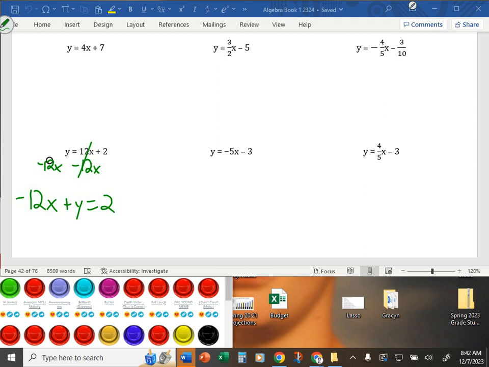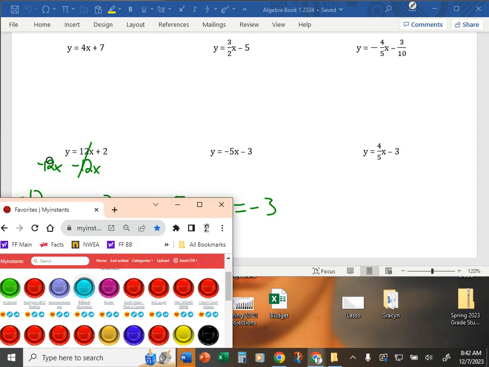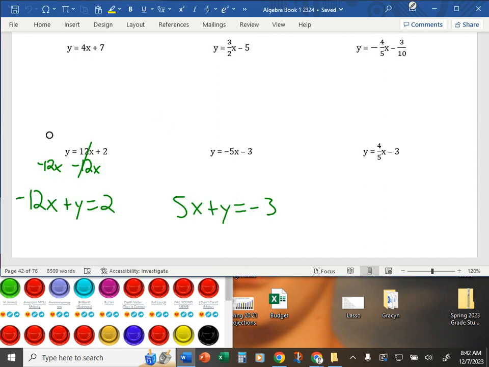Okay. Question? I just wanted to do the next one. Next one. What did you come up with? 5x plus y equals -3. Okay? Yeah. This time that x term is negative, so to move it over to the left side, you have to add it.